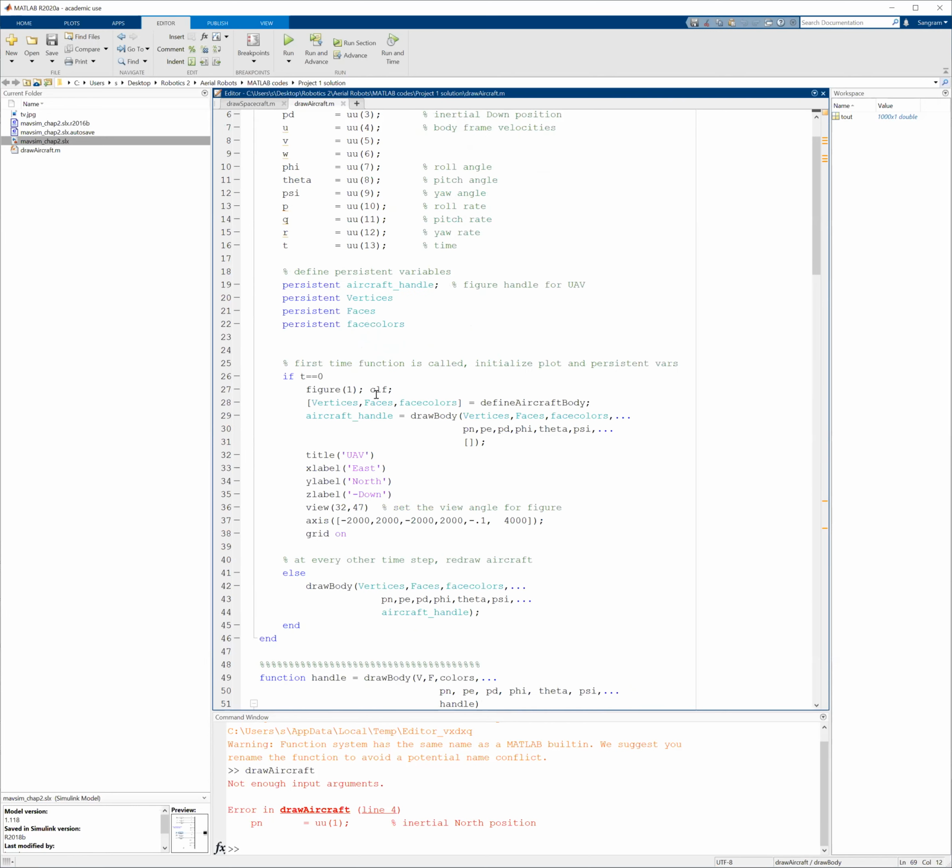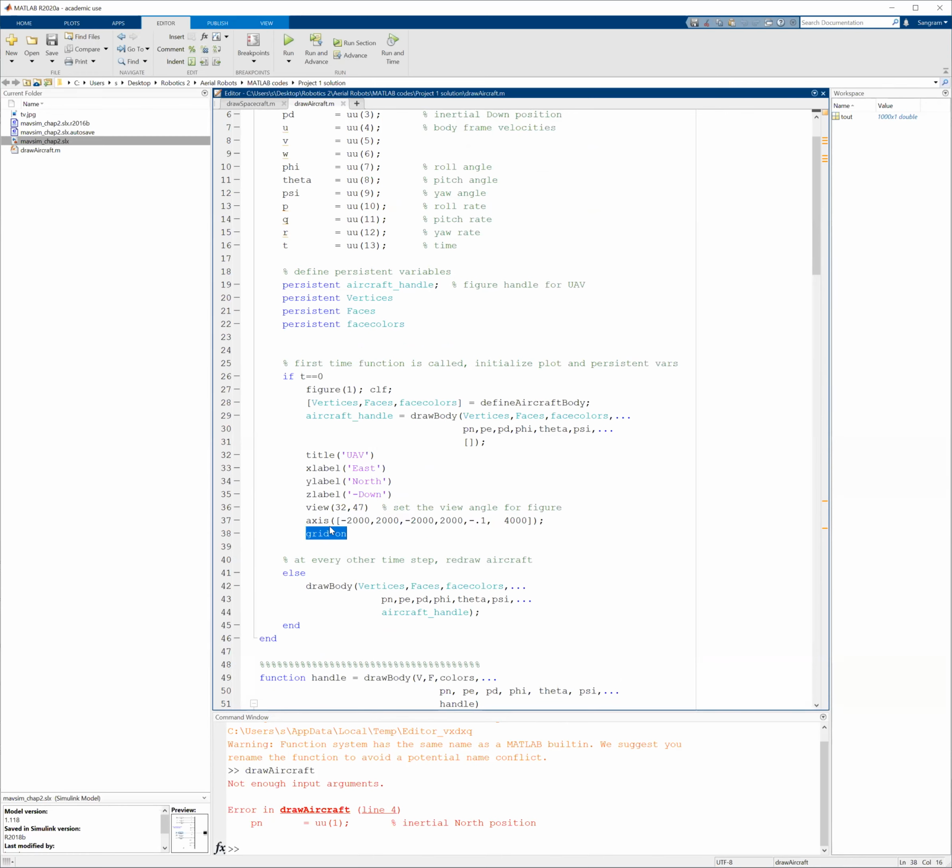And then what I'm trying to do here is I supply a title, UAV, X north, east, down. This is a default view so that the aircraft is properly visible. I set the axis so that the aircraft does not go outside the viewing area, and I add the grid.